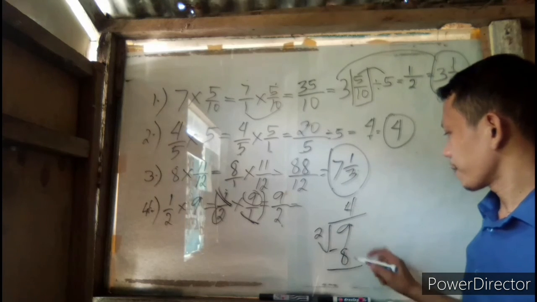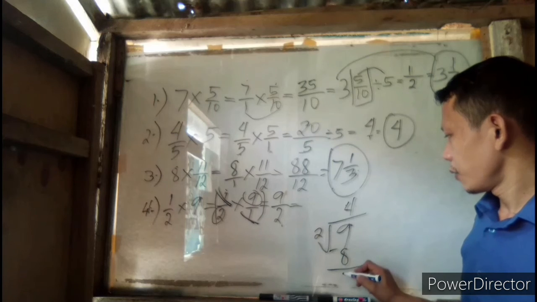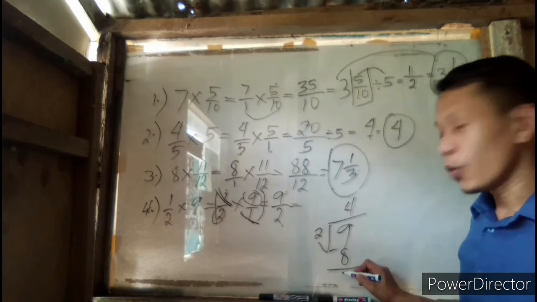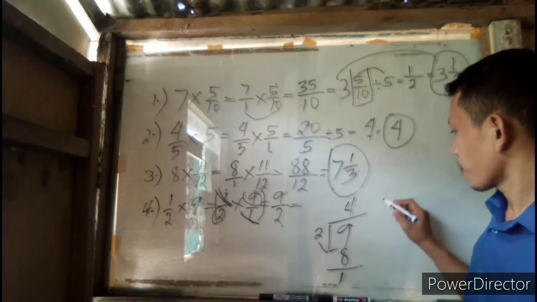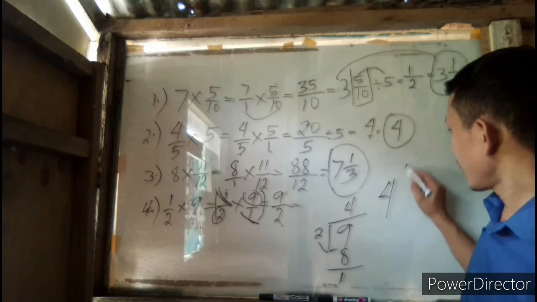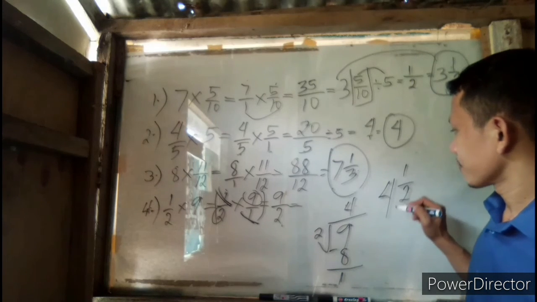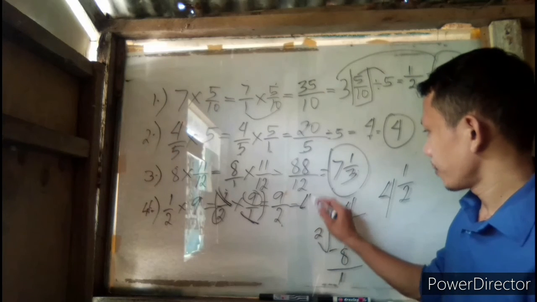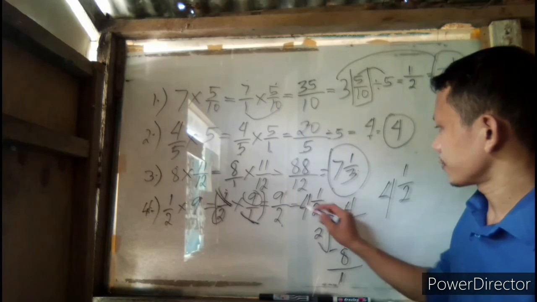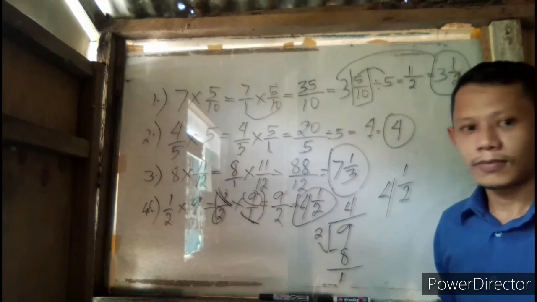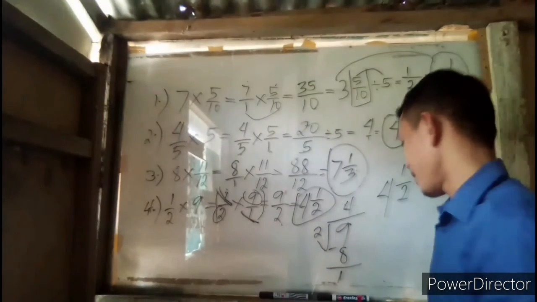So subtract 9 minus 8 is equal to 1. We have 4 and 1/2. So therefore we have 4 and 1/2. Get? Okay.